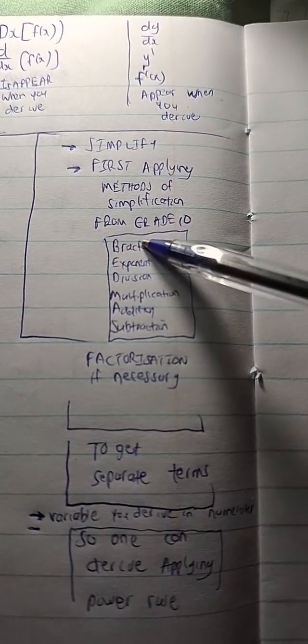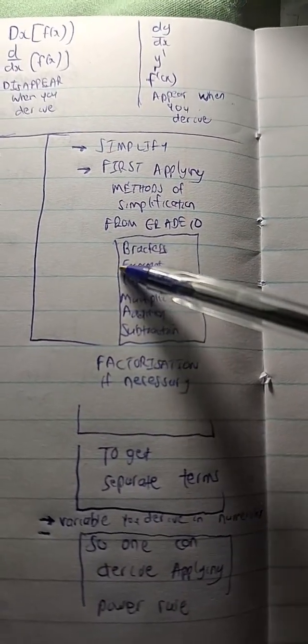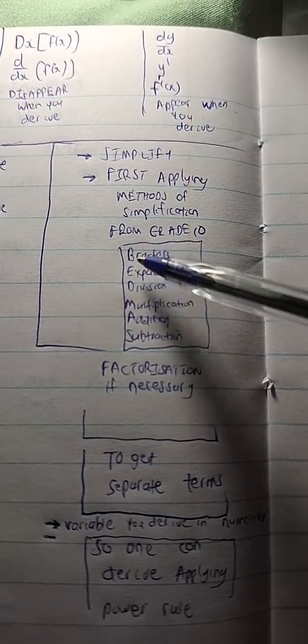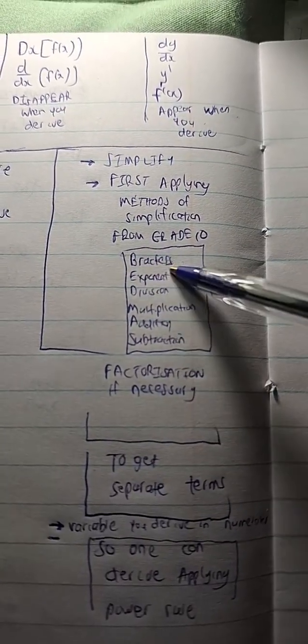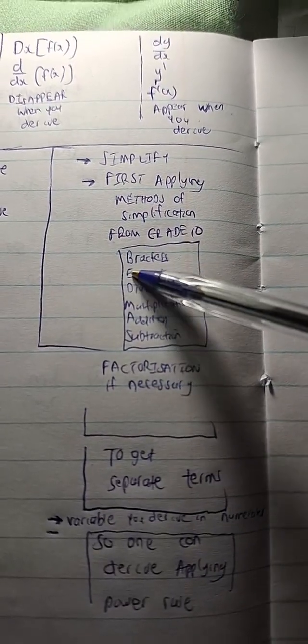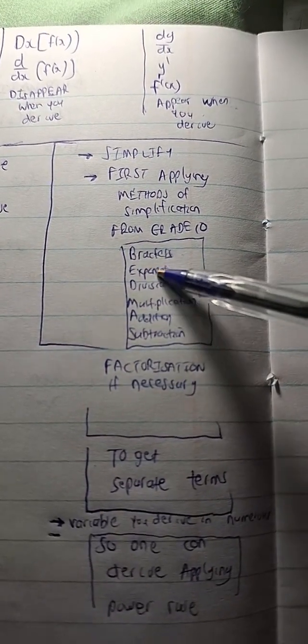That means you look at the brackets, then the exponents, in that order. You look inside the brackets and check if anything can be done there, like terms and so forth. Then you follow up with the exponents, and check if there's any application of exponents that you need to do.